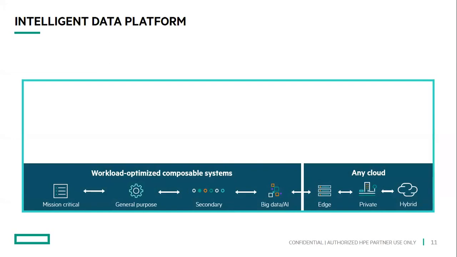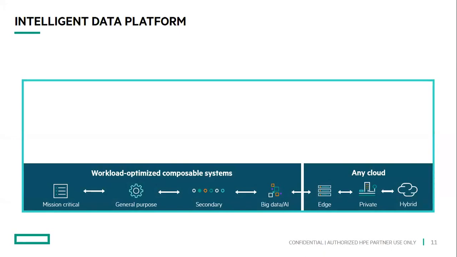We talk about workload optimized composable systems. That means we have segregated workloads based on their types. There are mission critical workloads, which cannot afford any sort of downtime, even zero.